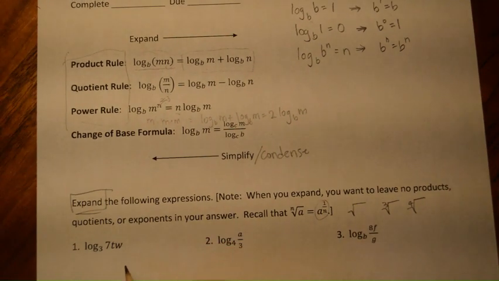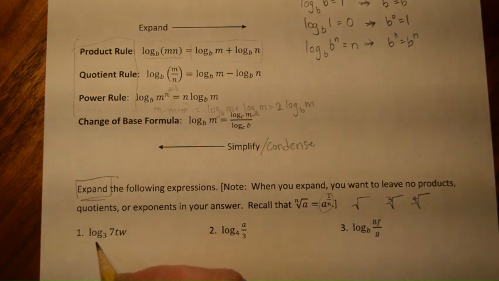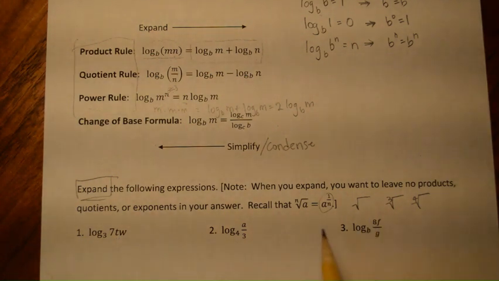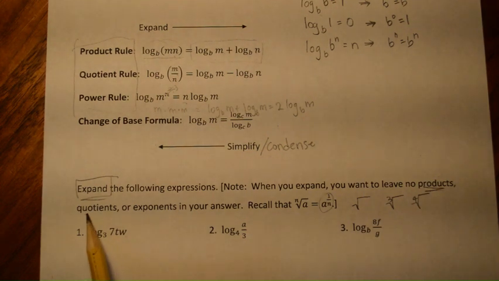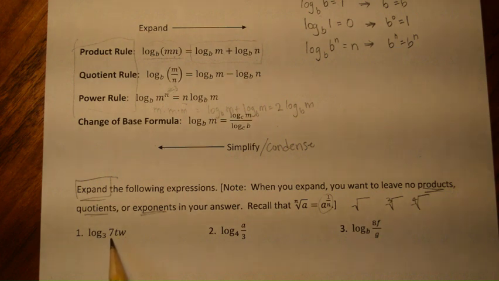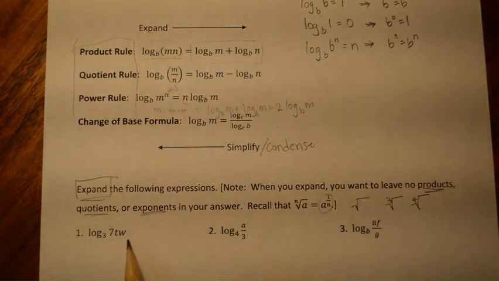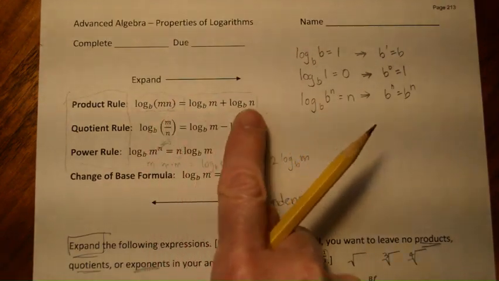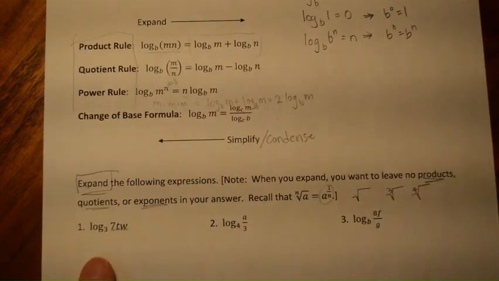Okay, so let's take a look here. In problem number 1, we have log base 3 of 7 times t times w. So again, we're looking for products, quotients, and exponents. When I look at this, I see a product, no quotients, and no exponents. So I'm only going to apply the product rule here. The product rule says that when I have a product of things, there were only 2 up here, but I could have many things, I can separate it into a sum.